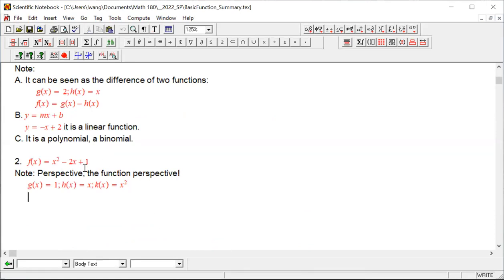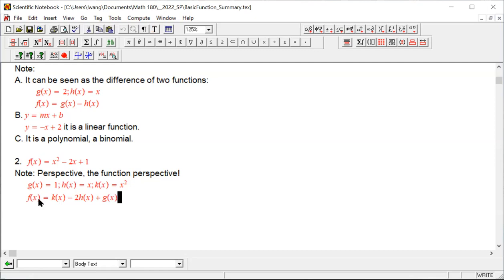So you can see it from that perspective. But what is f of x? f of x is really k of x minus 2 times h of x, which is 2 times x, plus a g function, plus g of x.